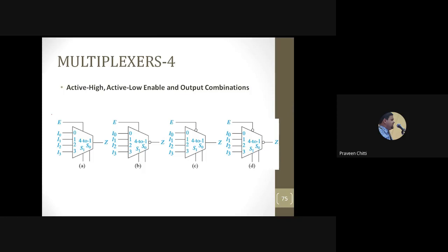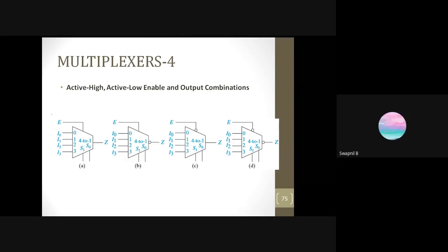Active high mux means that whenever enable is 1, then only it will be active, and based on the select lines S0, S1, it will give output Z as one of the inputs I0 to I3. So you get active high enable and active high output in arrangement A. What is this arrangement B? What type of enable are you using again?